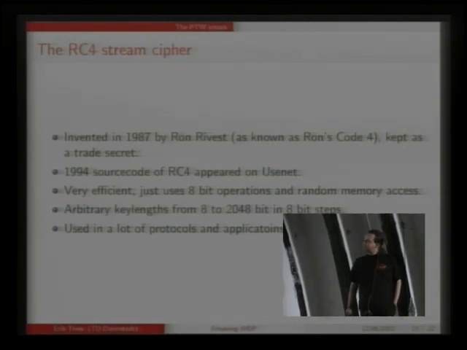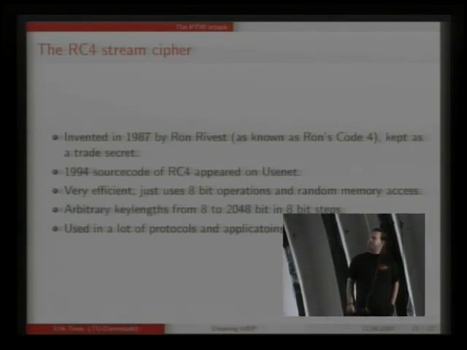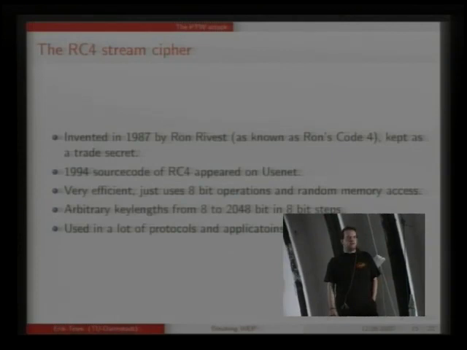It's very common in use, and it's very efficient, so you can implement it by just doing random access to memory and only 8-bit addition. That's everything you need to implement RC4, so you can do it on really small hardware, and it's even fast on modern PCs.